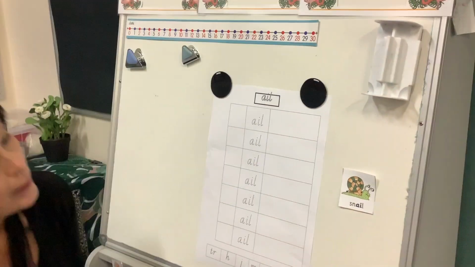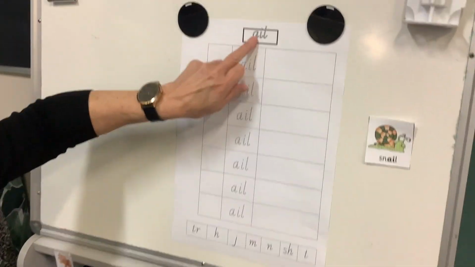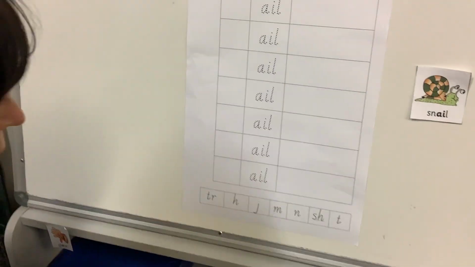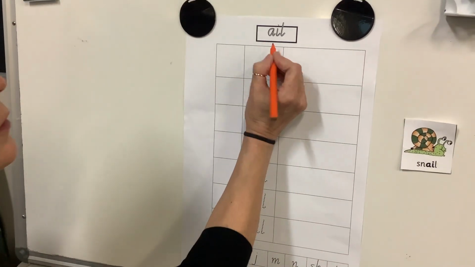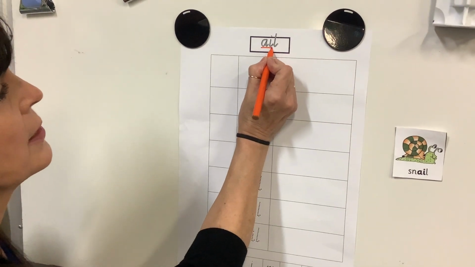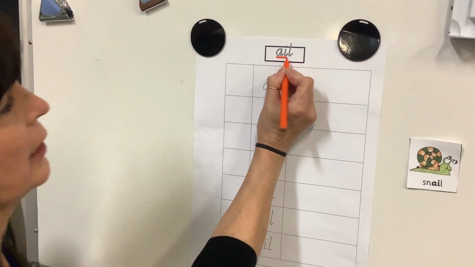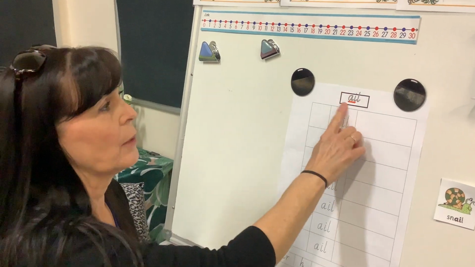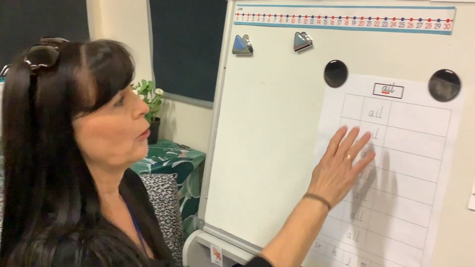So come over and we'll have a look at our activity for today. You can see here that we have our AI digraph, and I'm going to put a little bit of colour under there so that you can see that digraph AI, because our word family actually has two sounds. It has A and OO, but together we're putting it to make AL for our word family.